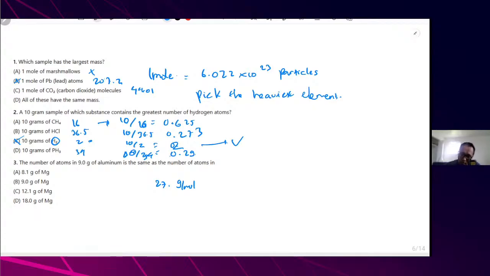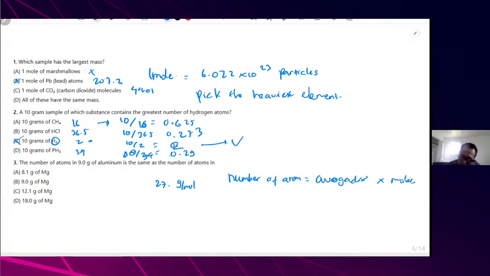Based on this information, the number of atoms will be Avogadro's number times moles.